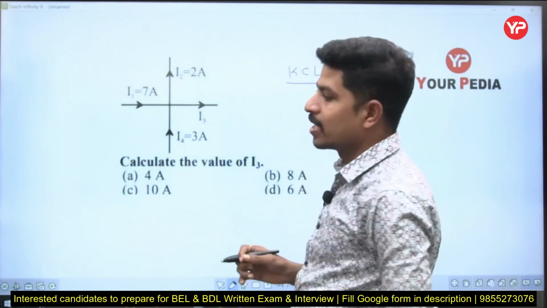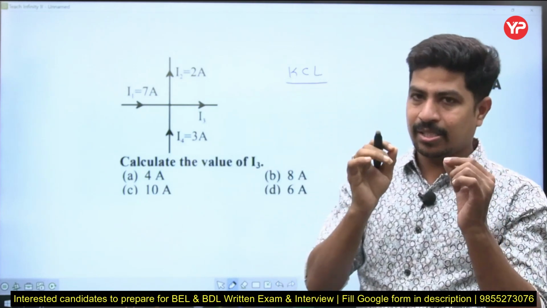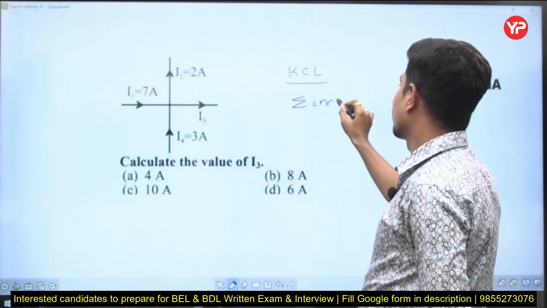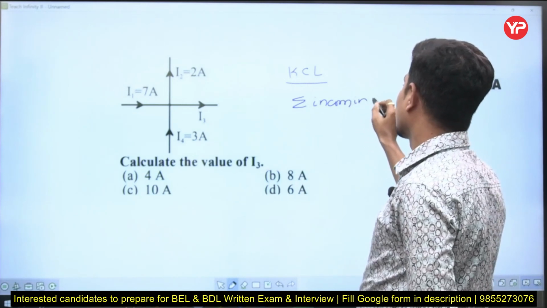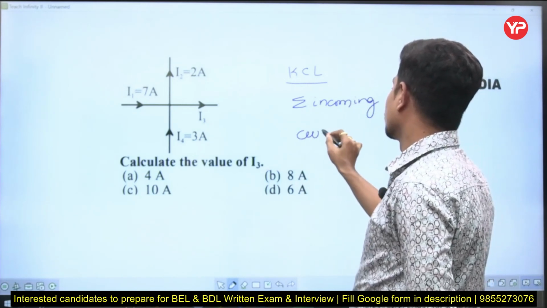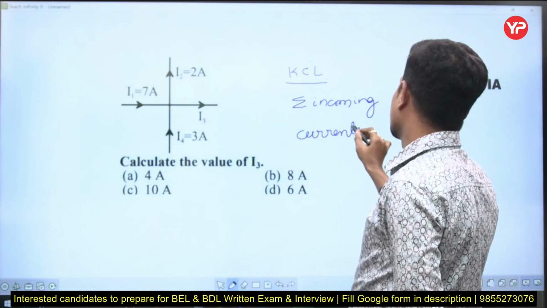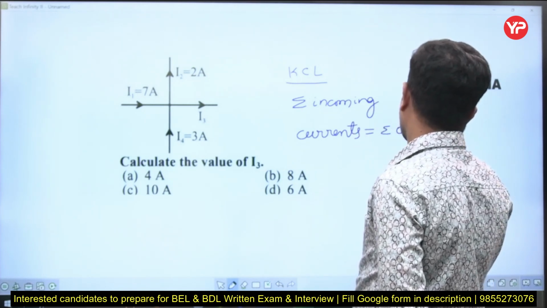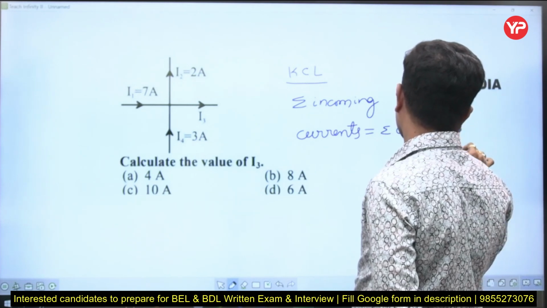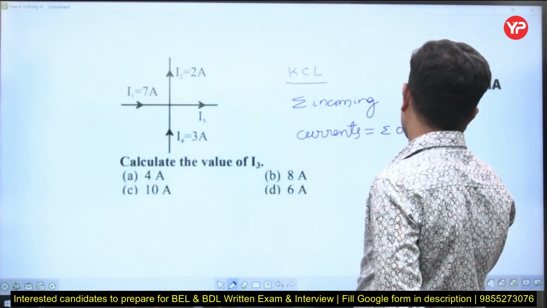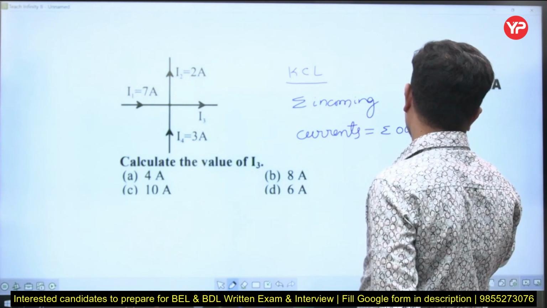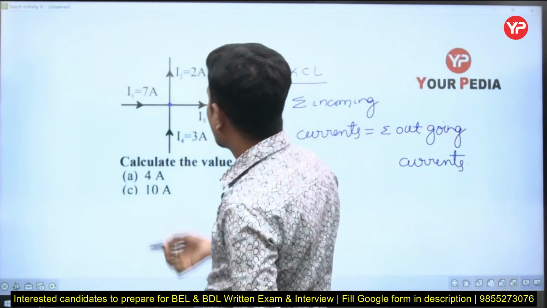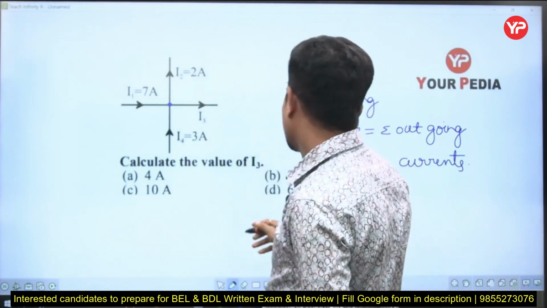What KCL says is the sum of the incoming currents must be equal to the sum of the outgoing currents. You see, this is a node, what are the incoming currents?